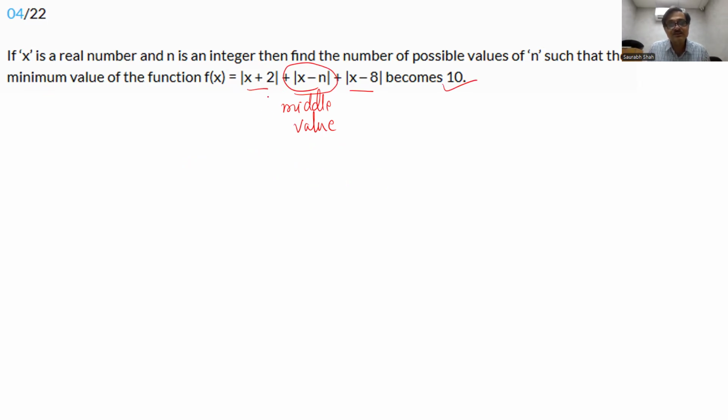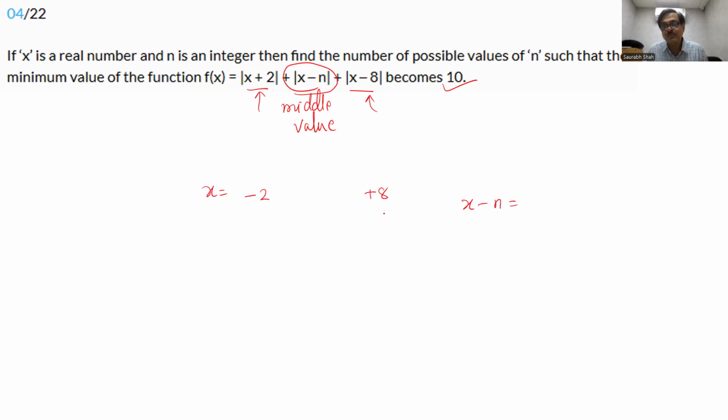So this modulus becomes 0 when x is minus 2. And this becomes 0, the third modulus becomes 0 when x is equal to plus 8. So this middle value, x minus n, must be between minus 2 and plus 8 inclusive.